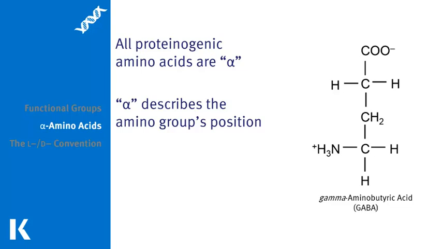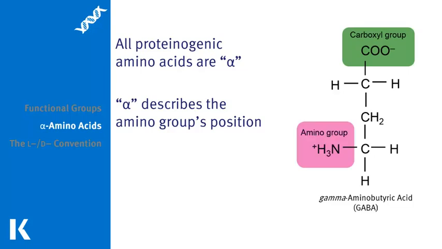Now, that is not to say that all amino acids are alpha. Consider by way of counterexample GABA. GABA has a carboxyl group and an amino group, so by definition it is an amino acid. And yet looking at the carbon backbone, we see an alpha carbon, the beta carbon, and finally the gamma carbon to which the amino group is bound, justifying the name gamma aminobutyric acid.